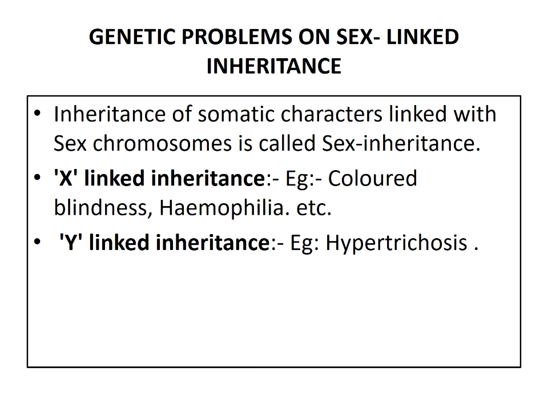If it is present only on the Y chromosome, then it is Y-linked inheritance. But when the somatic characters are located on both X and Y chromosomes, such genes are called XY-linked genes and the inheritance is called XY-linked inheritance. In X-linked inheritance, the example is color blindness.